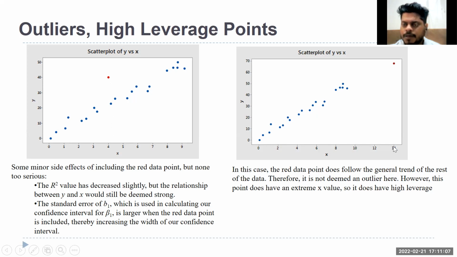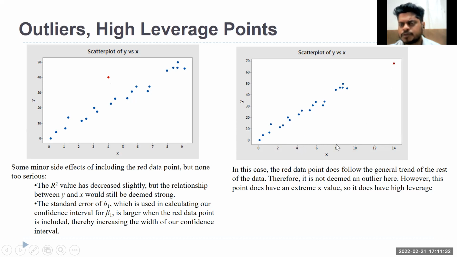You have a particular outcome variable at, let's say, x equal to 14. For all other outcome variables, your range of x is, let's say x is age and y is income, or x is your quiz score and y is your final score.